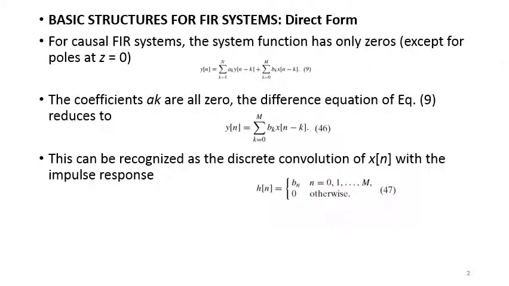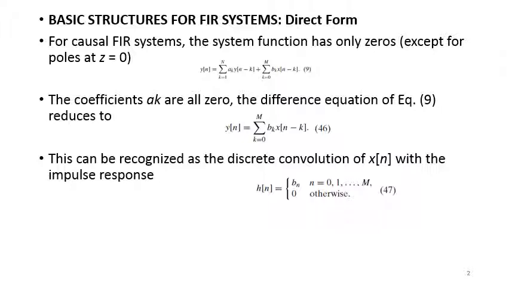In the previous lecture we talked about different forms of the IIR system. These different forms result when you express the system function in different forms. For example, if we express the system function in rational form, we have the direct form of the structure.